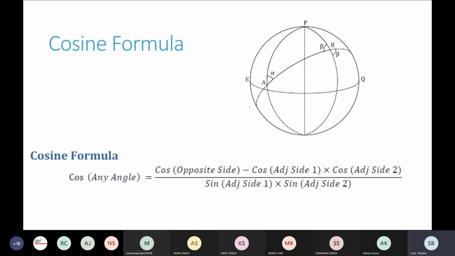Now, what do we first understand or mean by solving the spherical triangle? Now you see, this spherical triangle has 6 parts. There are 3 sides and there are 3 angles.